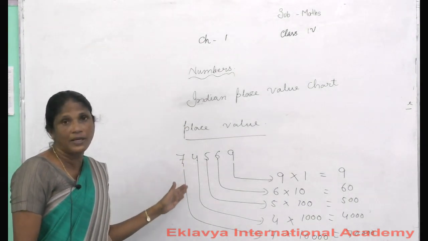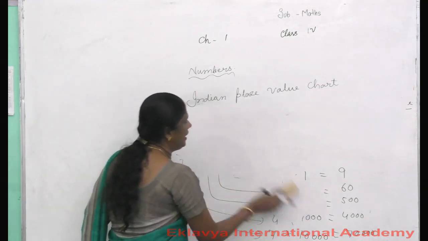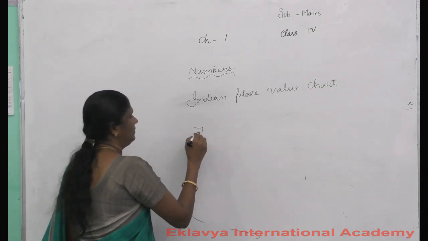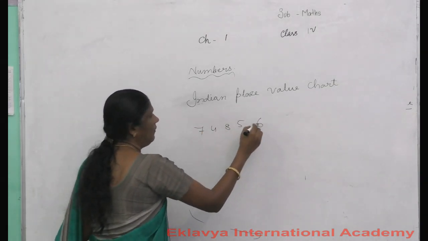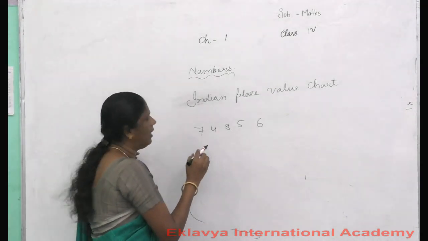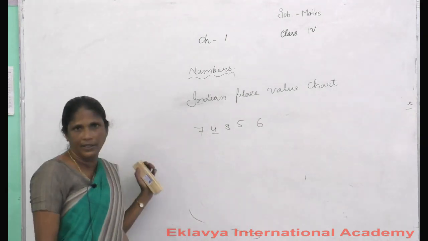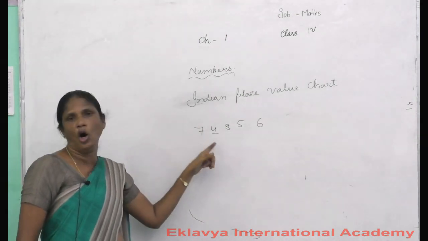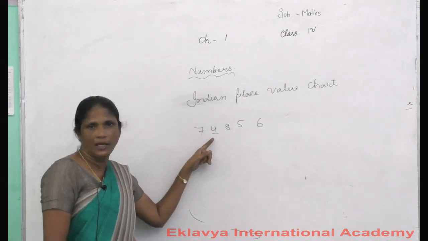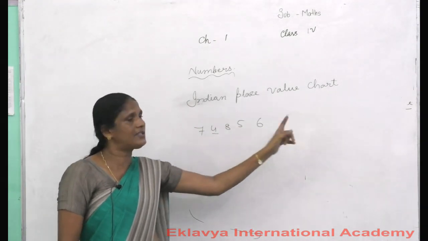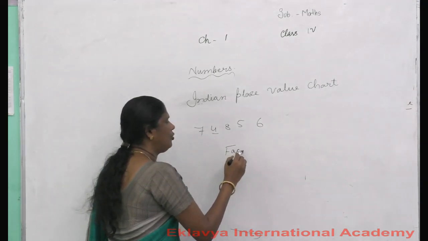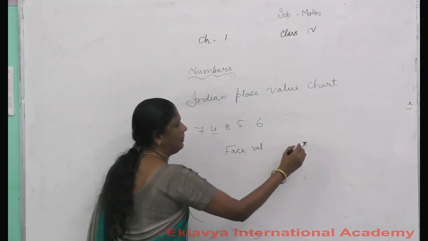Understand? All students understand? Next question again. What is the face value and place value of 4? Make 2 columns, face value and place value.